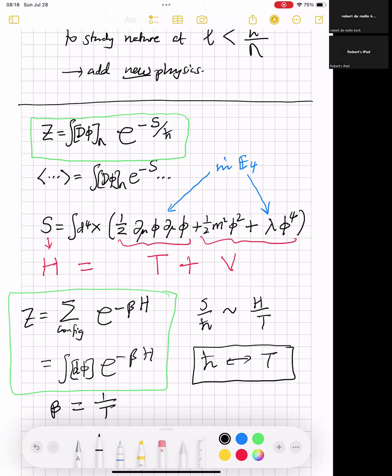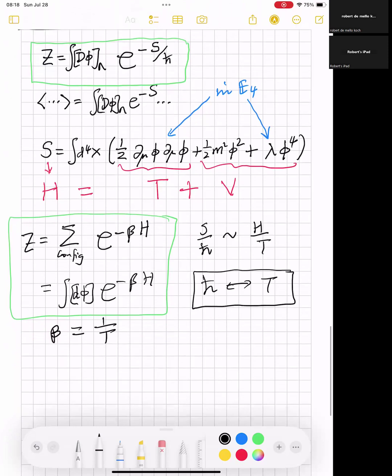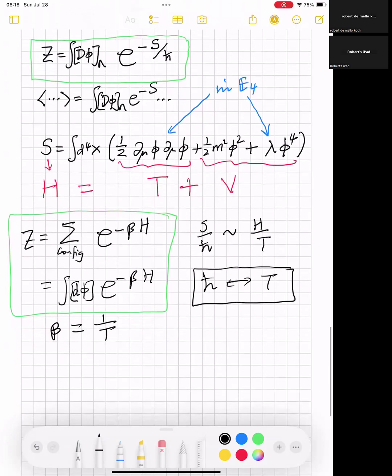And what you can see is there's a very deep mathematical analogy. It's an exact mathematical analogy that tells you if you want to do thermal physics, thermodynamics, calculate partition functions, statistical mechanics, things like that, then the thing that's fluctuating, you have thermal fluctuations.